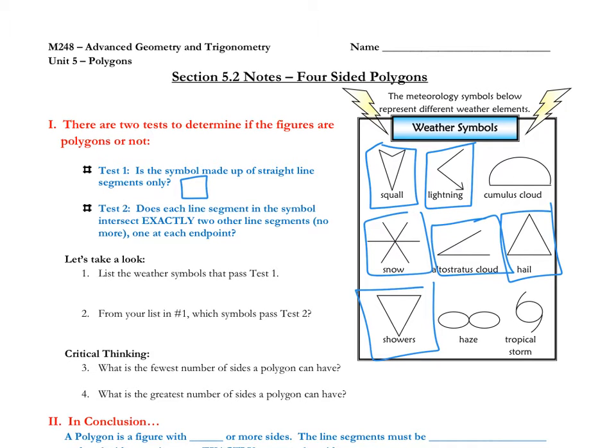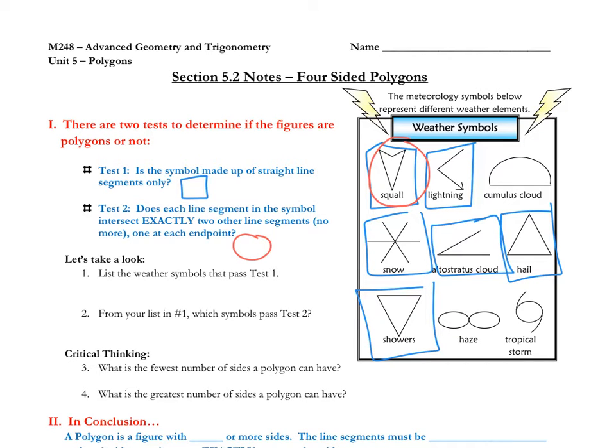Now, it says, does each line segment in the symbol intersect at exactly two other line segments? So, no more at each end point. So we're going to put a circle on those. So that's true for a squall. It's not true for lightning because this endpoint doesn't intersect with two other endpoints.